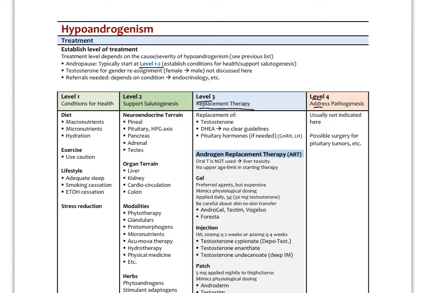But I just want to give a couple of pointers for hypoandrogenism, looking, for example, at diet. A lot of times we find that one of the most common reasons why men, especially as they get older, have lower androgens is just they have a very high inflammatory diet.